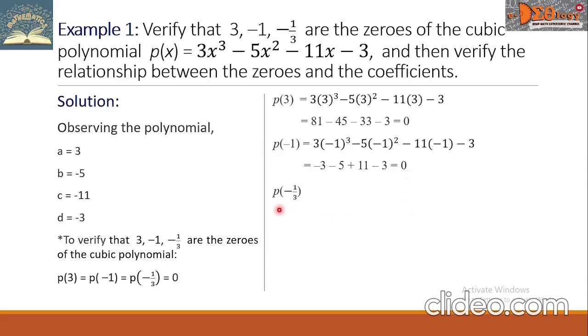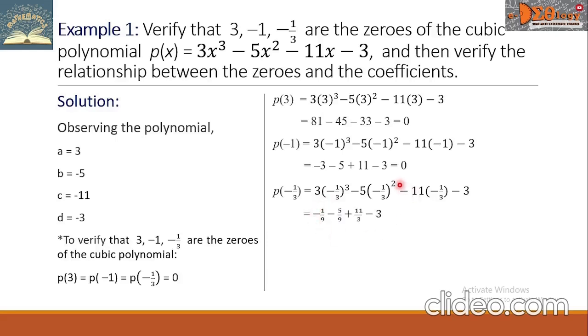Now we go to p of negative 1/3. We have now 3 times the cube of negative 1/3 minus 5 times the square of negative 1/3 minus 11 times the negative 1/3 minus 3. When we simplify the cube of negative 1/3, we will get negative 1 over 27 times the 3 here, we will get the negative of 1 over 9.